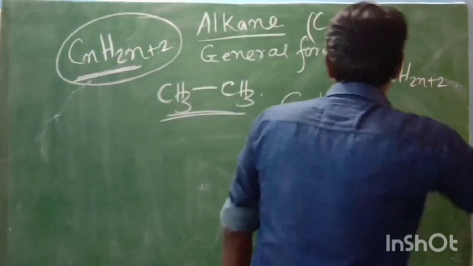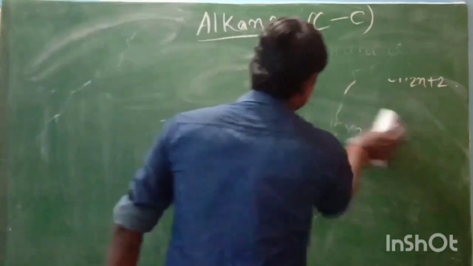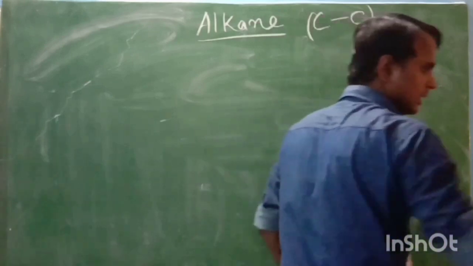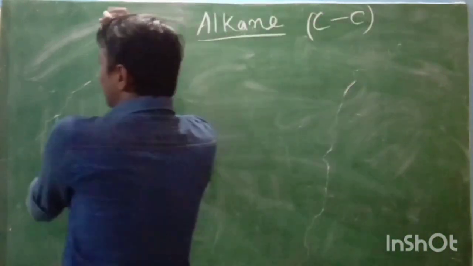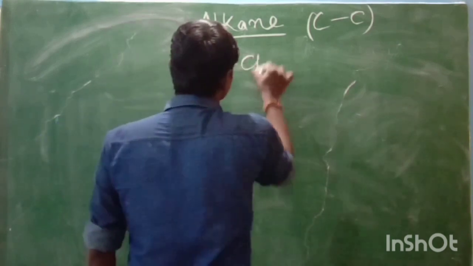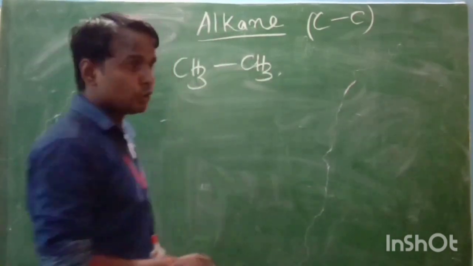Now we explain the nomenclature of alkane. Let's take a simple example of an alkane. Here the number of carbon is 2.